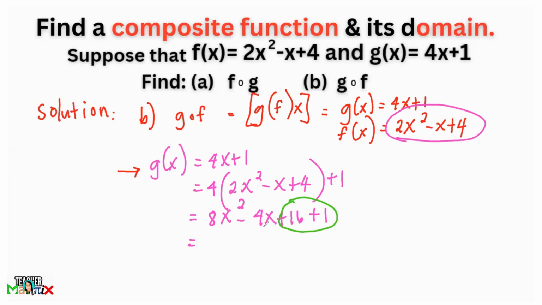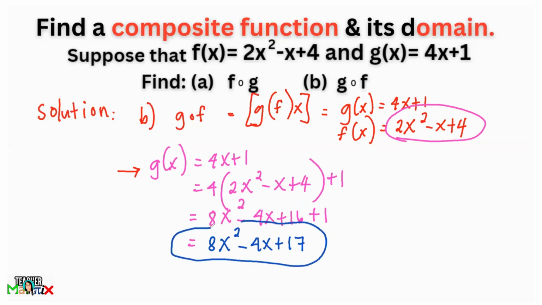They are not like terms because this has an exponent, this has an exponent of 1. They are not the same, so we cannot combine them. Only the constants 16 plus 1. Therefore, just simply copy the terms that have no match, 8x squared minus 4x, and then you add the 16 and 1, plus 17. Final answer is 8x squared minus 4x plus 17.